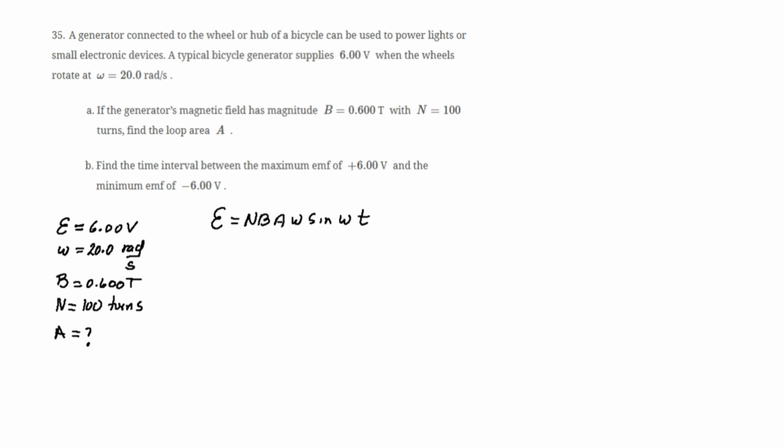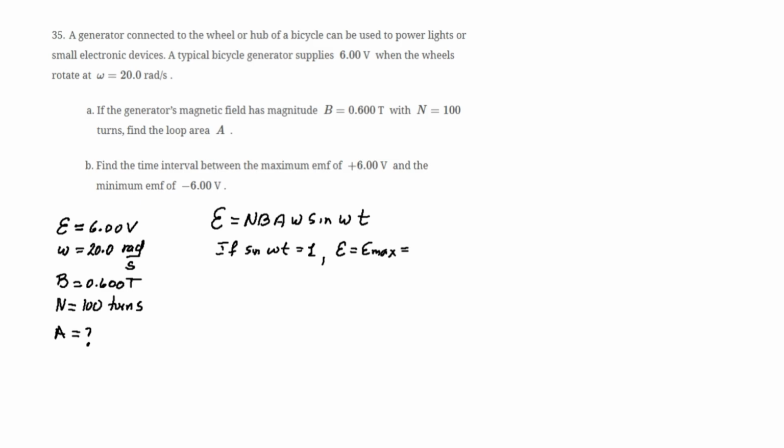Now, these 6 volts is the maximum value of electromotive force, and that maximum value is when the sine of omega t is 1. So when sine of omega t is 1, we have the maximum value, which will be these 6 volts.